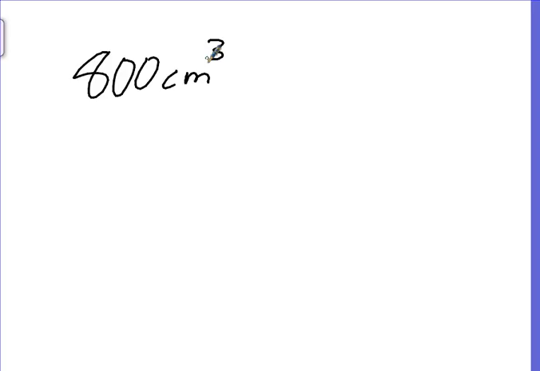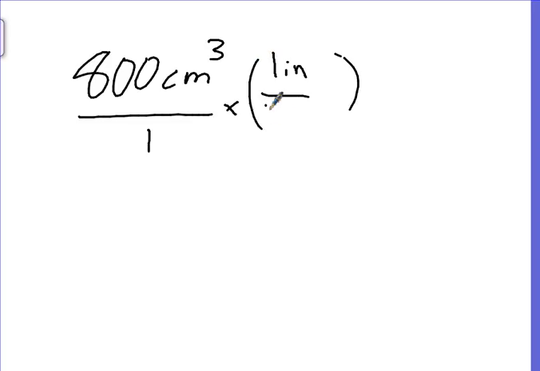All right, 800 cubic centimeters. Convert that to cubic feet. So first we have to get to inches. We're going to use 6 multipliers. Which is 2.54 cm in 1 inch.